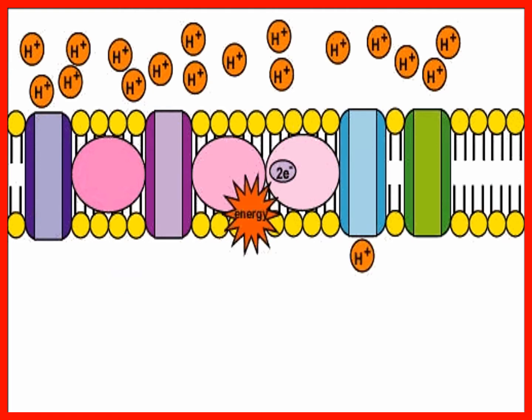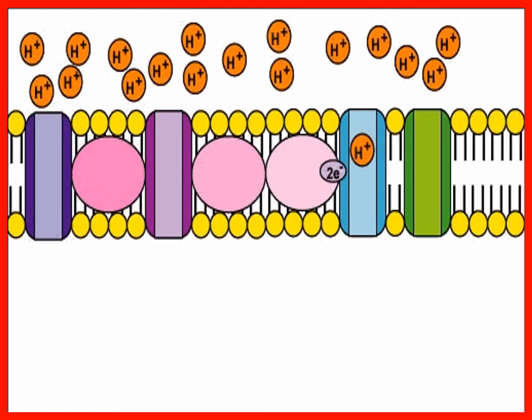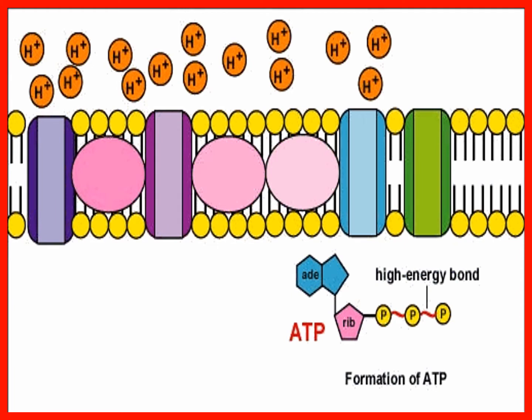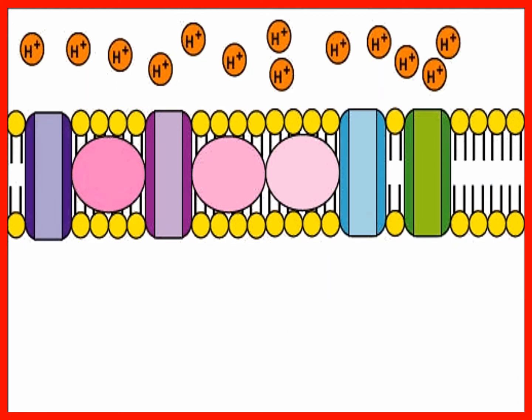As they get transported, they provide energy for hydrogen ions to be pumped across the membrane against the concentration gradient. The electron is then finally accepted by oxygen, which reacts with hydrogen ions to produce water, and the hydrogen ions then diffuse across the membrane, and this provides the energy for ADP to be phosphorylated and converted to ATP.